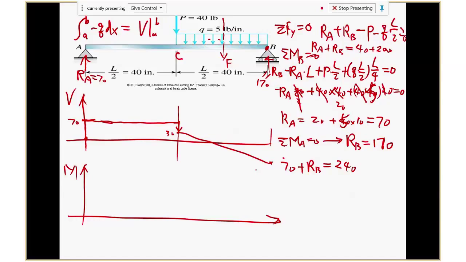Okay, so this will be negative 170. Sorry, this is not to scale. So if you have space, you want to make this one a little bit further down so it can be proportional, right? Okay, now once you're here at point B, what do you see? A constant force RB pointing upward. So I should go up that amount. So go up 170. Now we are at 0. Oh, start at 0 and end at 0. That's perfect.